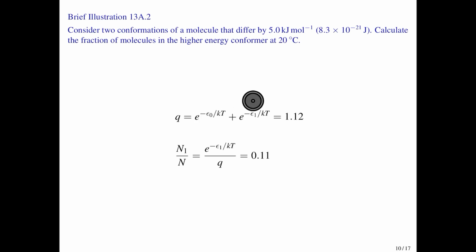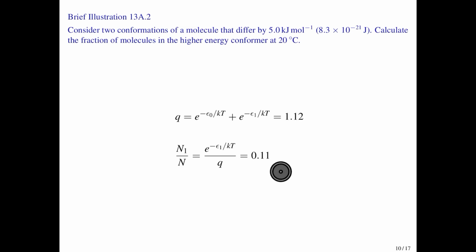And then we plug in e to the minus this energy divided by kT, where k is Boltzmann's constant. And we need to convert the temperature to units of Kelvin. We do that, that gives us the partition function, 1.12. And then we take the same term here, divide it by the partition function, and we get a fraction of 0.11.